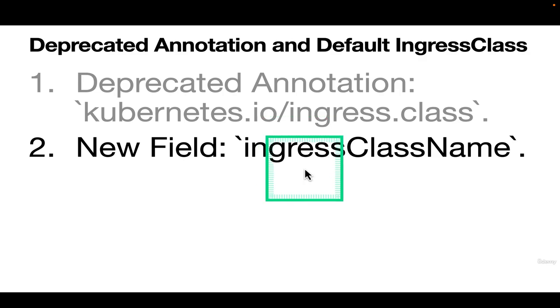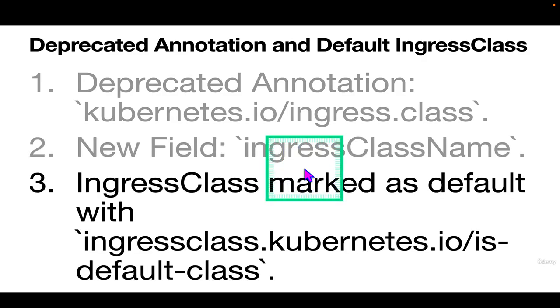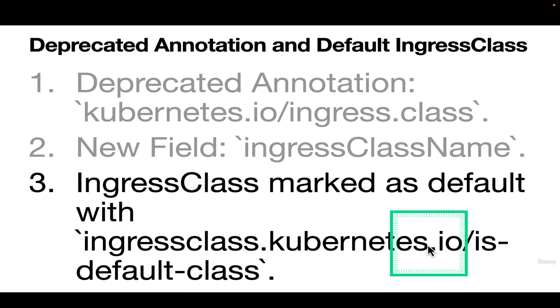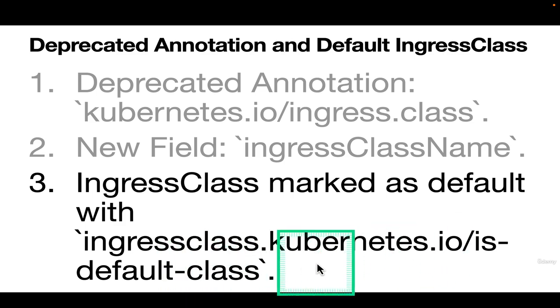This field contains additional Ingress configuration, including the name of the Ingress controller, and is a more effective and standardized method than the deprecated annotation. An Ingress class can be marked as the default for the cluster with the ingressclass.kubernetes.io/is-default-class annotation, meaning that an Ingress without an Ingress class name specified will be assigned to this Ingress class.